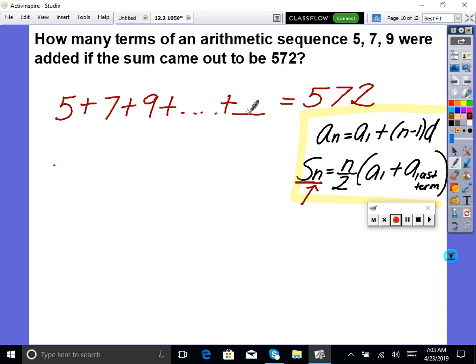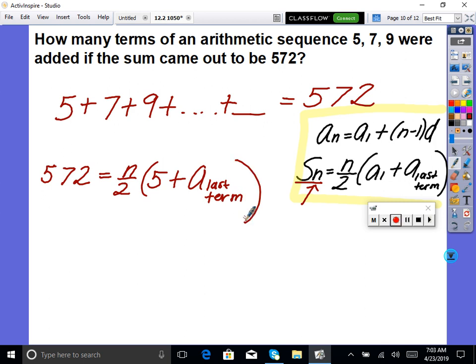Right. Good point. Okay, so let's go to here since we know we're using this formula because it's a sum, right? So S of n, what does the sum come out to be? So 572 is equal to, and then we don't know what n is, n over 2. Now a sub 1 is 5 plus, and then we don't know. So plus a sub last term. So we have 2 unknowns, don't we?